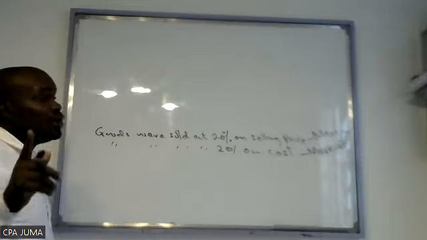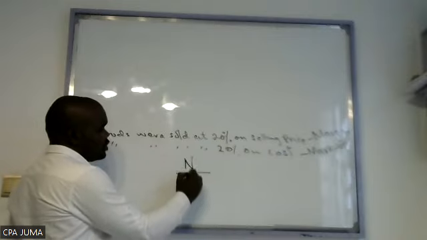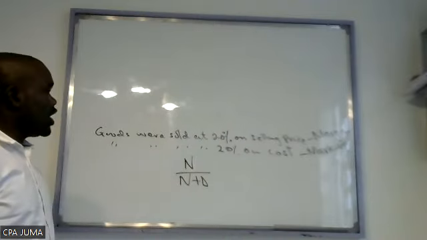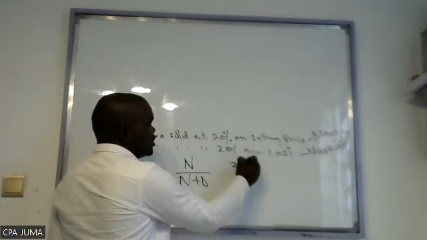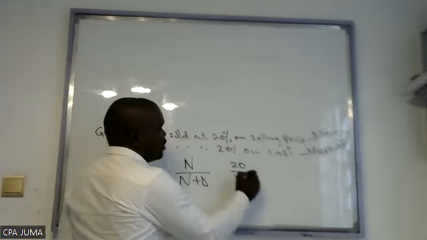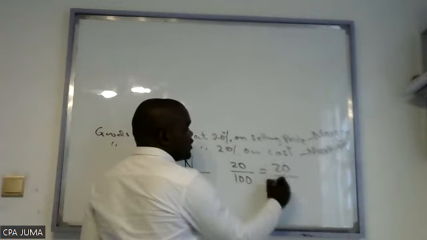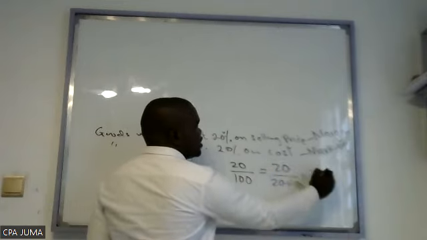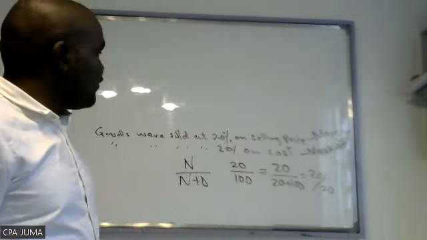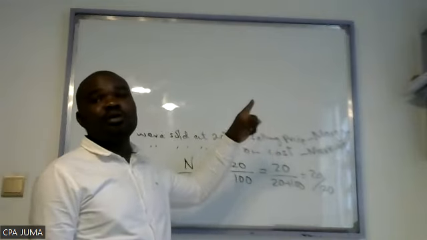To convert markup to margin, just add the numerator to the denominator, with the numerator remaining constant. What does that mean? If markup is 20%, you know 20% is 20 over 100. To convert this to margin, the 20 remains, then it is 20 plus 100, which is 20 over 120. That is how we convert to margin.